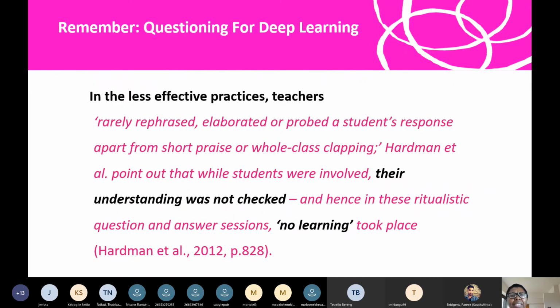And then in less effective practices, the teacher rarely rephrases, rarely elaborates, rarely probes. He just says, let us clap.